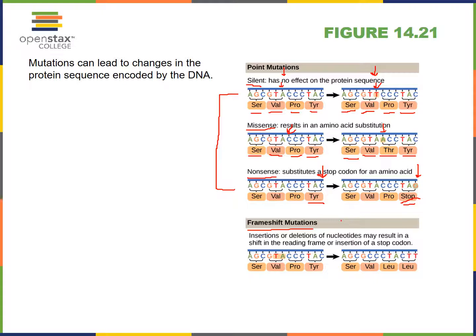So that's the last part of this chapter. Know how DNA replication occurs, be able to compare and contrast the leading strand with the lagging strand. Know concepts like anti-parallel, semi-conservative, Chargaff's rules, complementary base pairing.